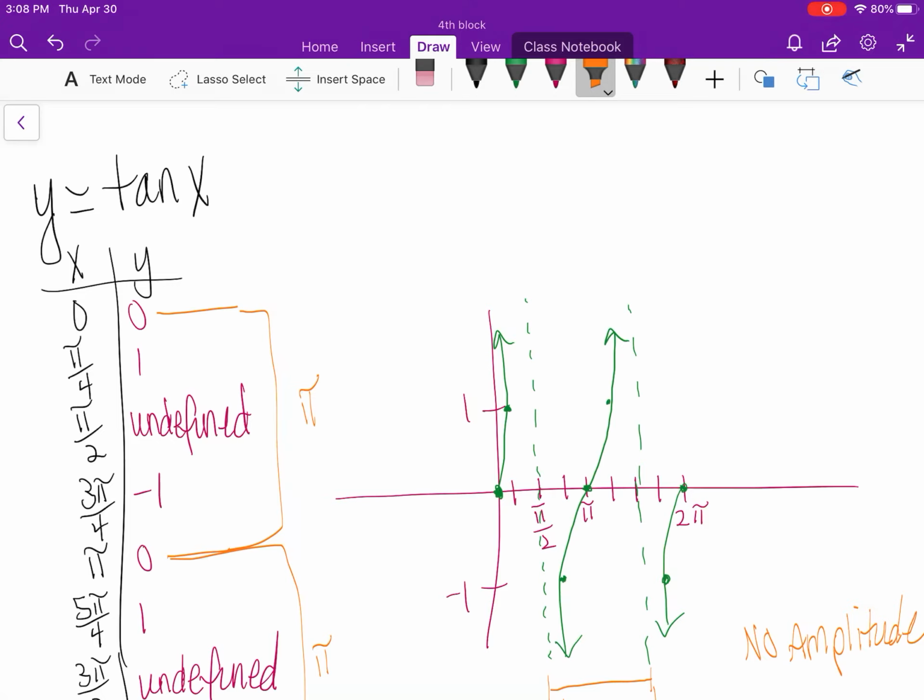If you were to add in pi over 6 and pi over 3, you would see the curve even more, but basically that's all those are for. So we don't really need those as much. We're going to focus on our key points as being the asymptote, the x-intercept, and then the asymptote again.